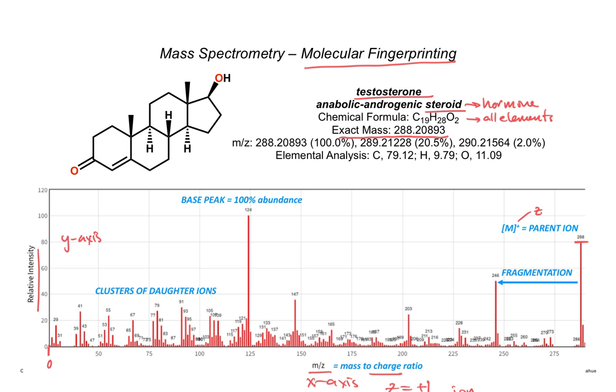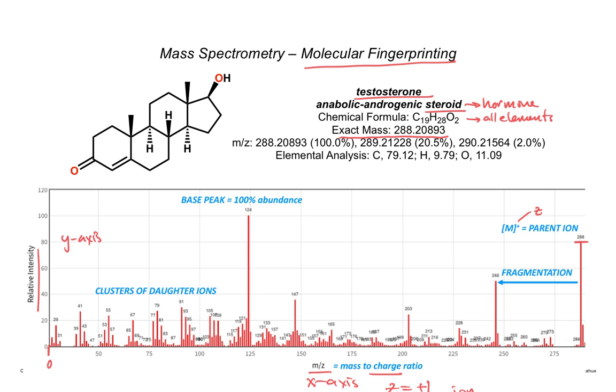So anything with a mass less than the parent ion is called a daughter ion. Everything that you see from 0 up to here, those signals result from the parent ion. The way the instrument works, you have your sample, it goes into the instrument, it forms the parent.